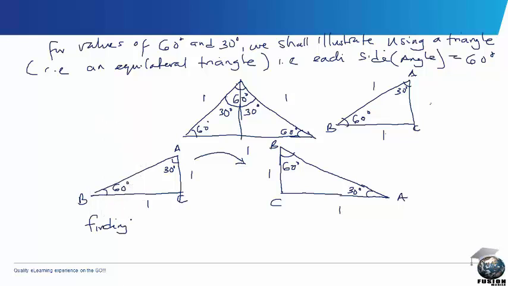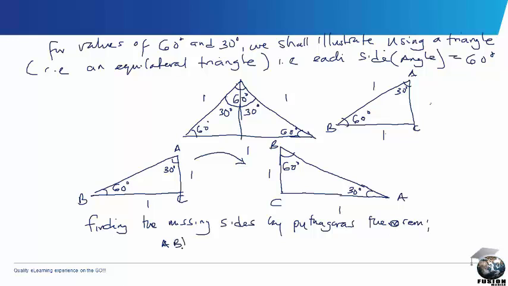We shall go ahead to find the missing side. Finding the missing side, we shall apply the Pythagoras theorem. By Pythagoras theorem we have that the side AB squared is equal to BC squared plus AC squared, because Pythagoras theorem states that the square of the hypotenuse side is equal to the sum of squares of the opposite and the adjacent side.